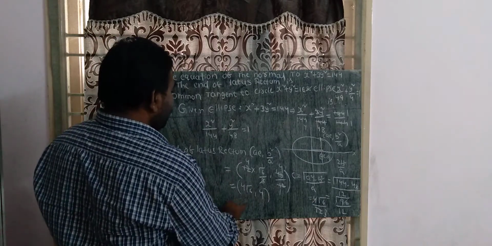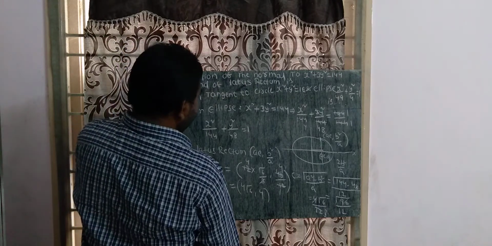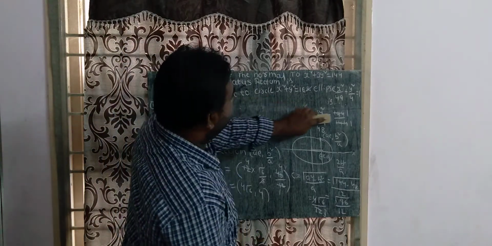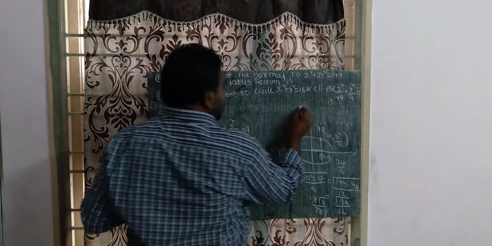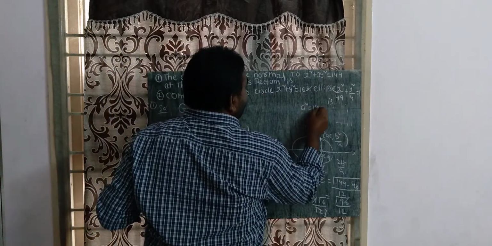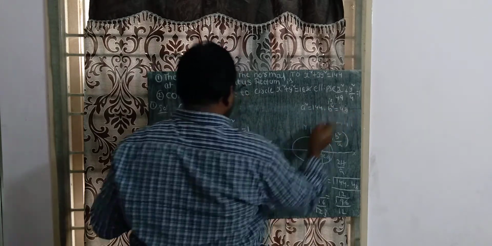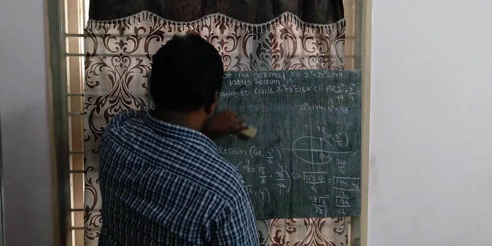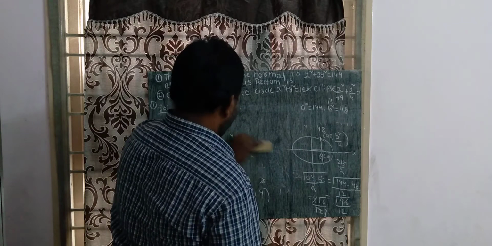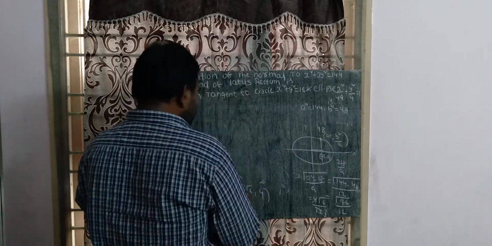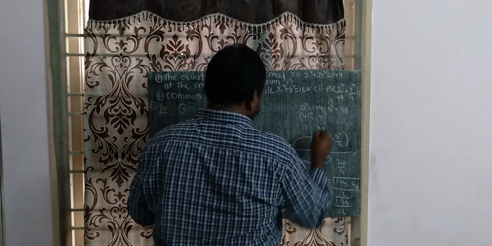So finally we write the equation of normal. We need a square 144, b square 48, and the point (4 root 6, 4).